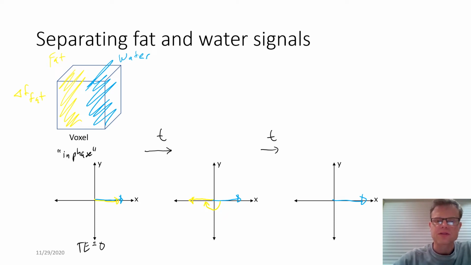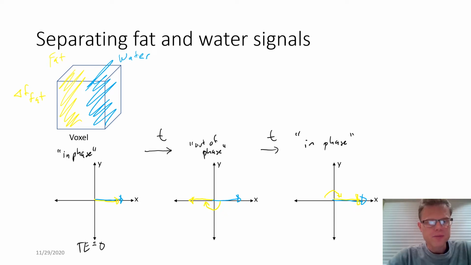At that next echo time, we might call this an out-of-phase echo. And then at some later time, in fact double that one, once again fat and water could be in phase.